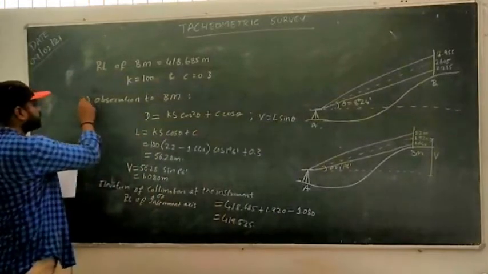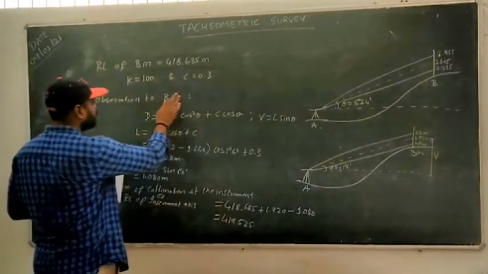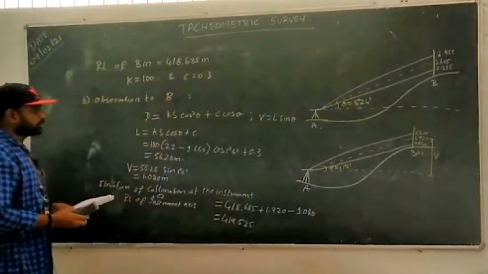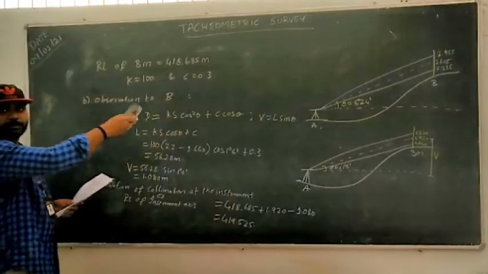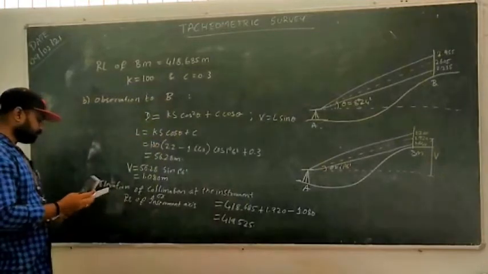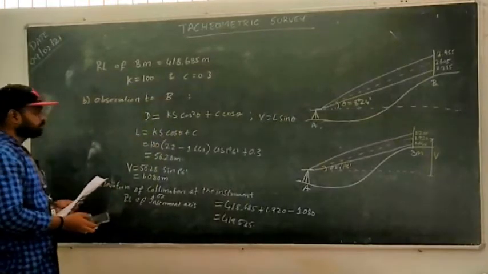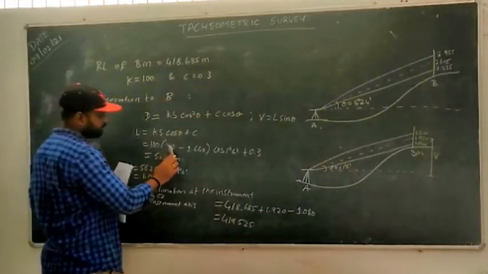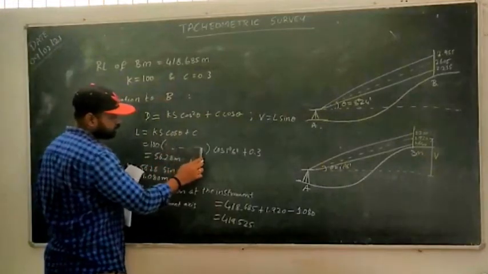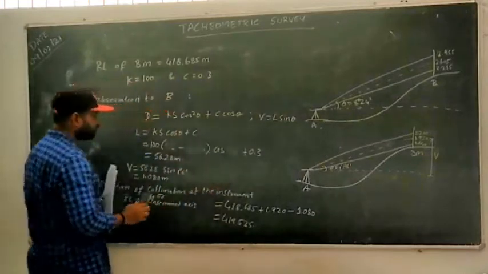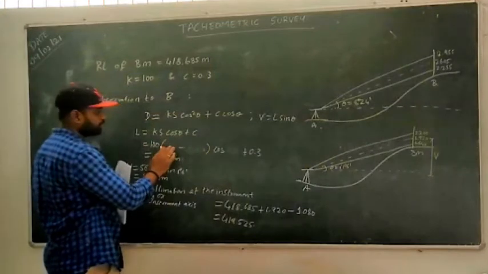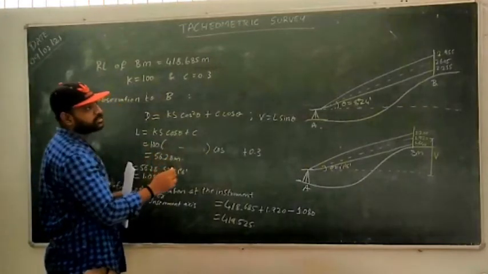Now in the second setup, the second observation, that is observation to B, everything will be the same. So tell me what will be the L here. The L equation is the same, K s cos theta plus C, where S is equal to, tell me S, anybody?